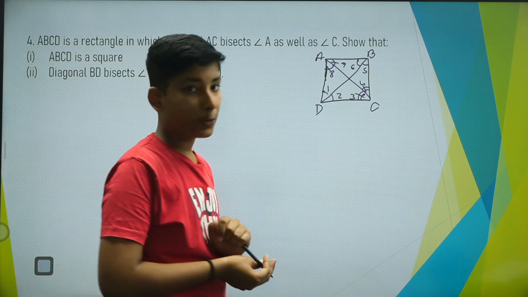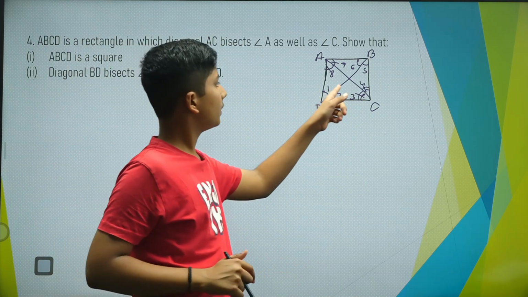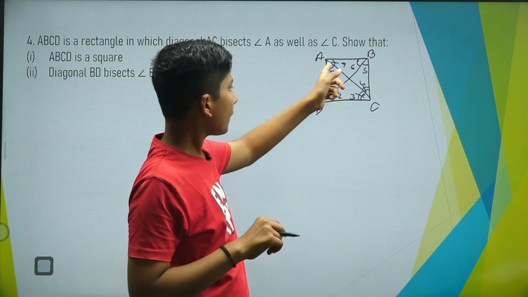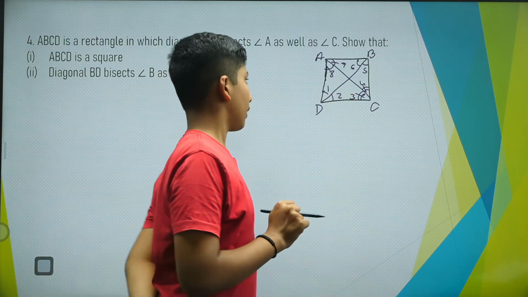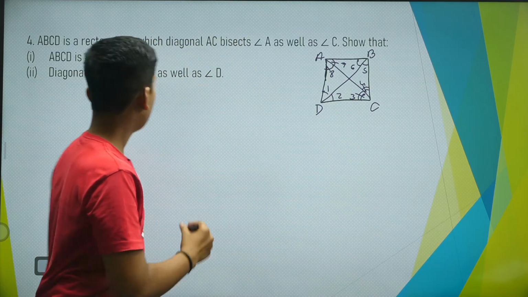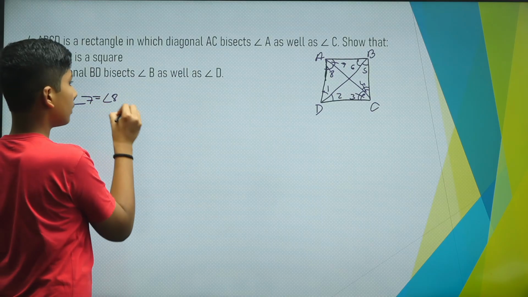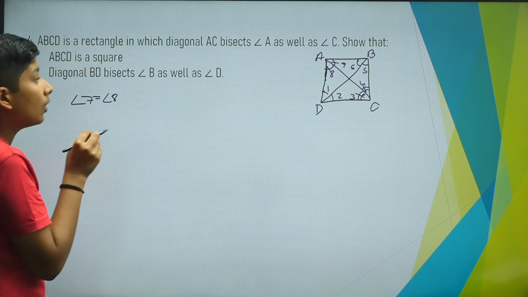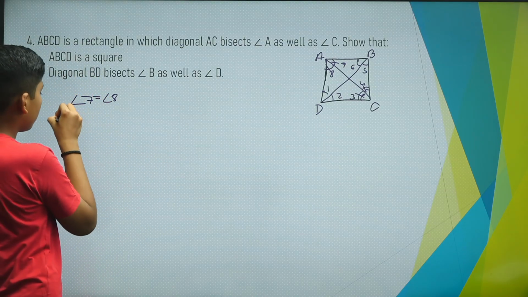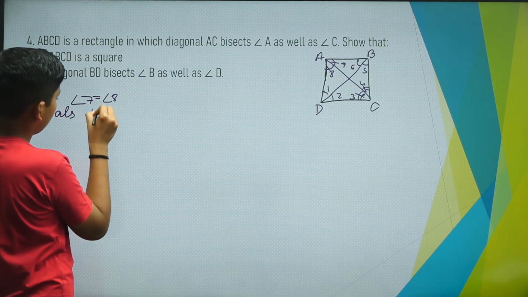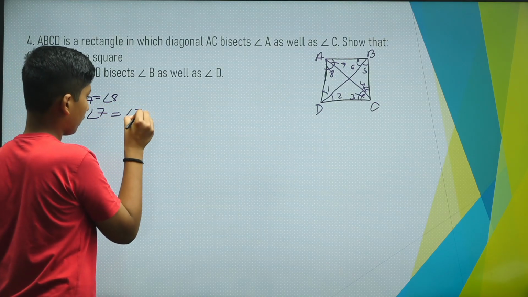So how will we prove it? Again, a regular method. Angle 7 equals angle 8 and angle 4 equals angle 3. Also angle 7 equals angle 3.